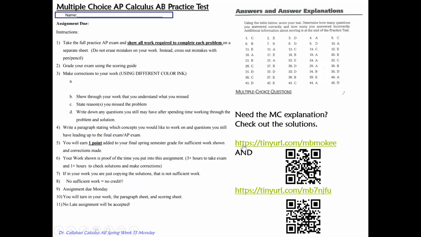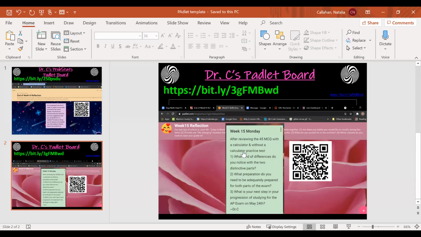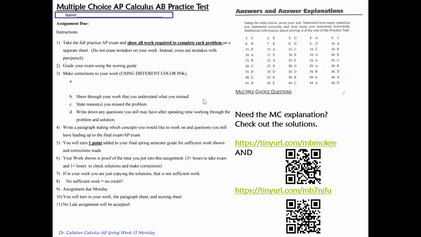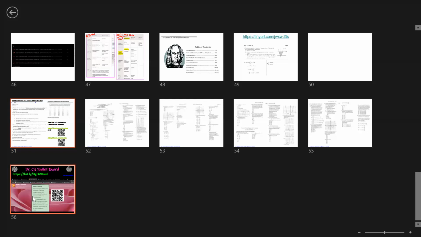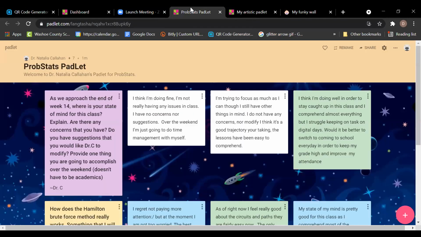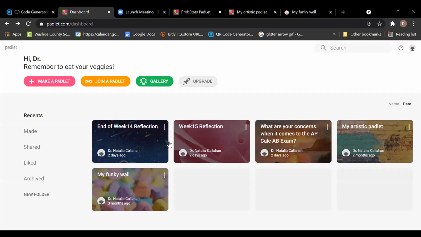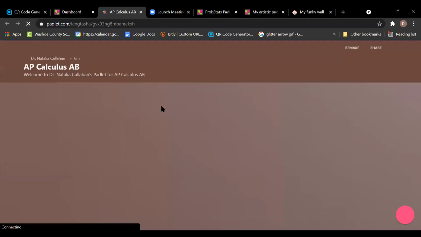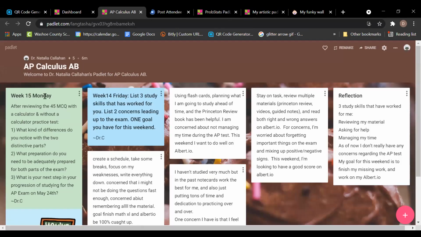When you are done with this, as a reflection, I want you to go to the Padlet board that we have for this class. Okay, it's this week 15 Monday.